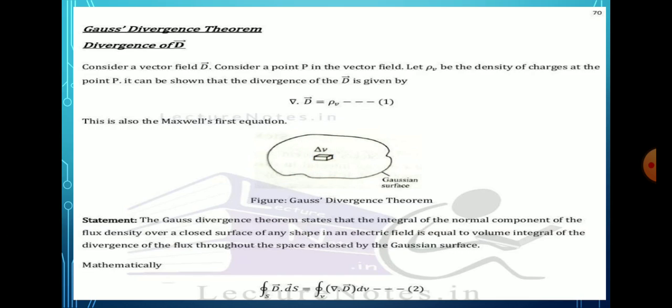So to prove this mathematical equation, we first consider the Gaussian surface. In that Gaussian surface, we consider the small element del of V, and charges are present in it. This del of V has a small charge, that is del of Q, the charge within the element.